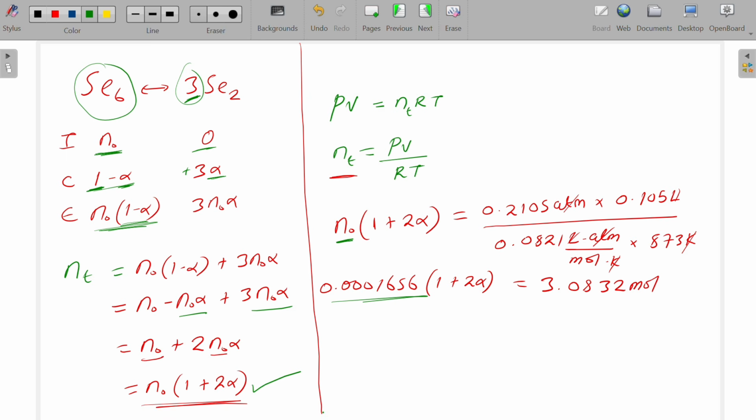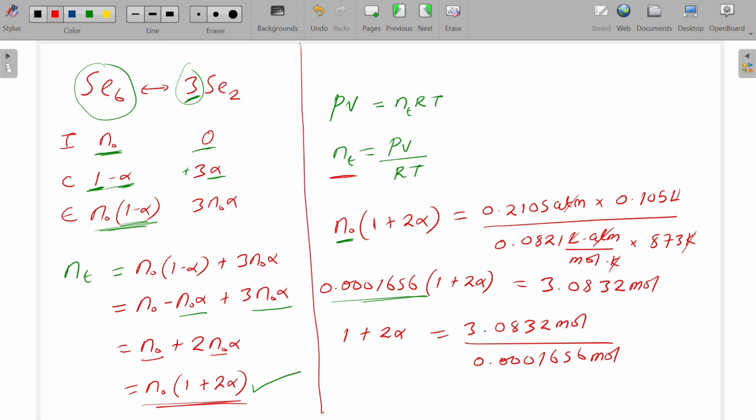And when we do that, we'll say 1 added to 2 alpha is equal to 3.0832 moles, divided by the initial number of moles, 0.001656, also in the units of moles. So this is what we are going to have here.